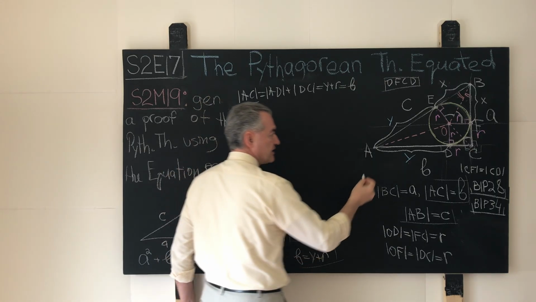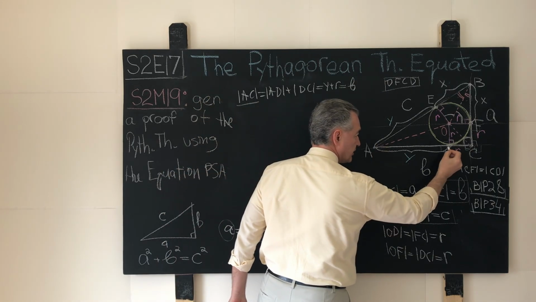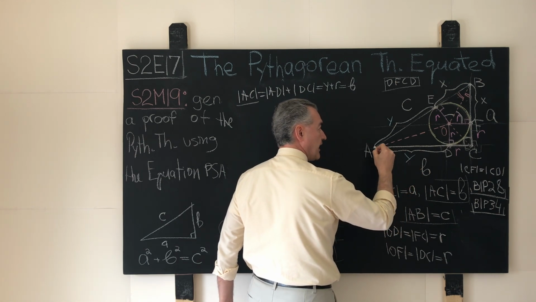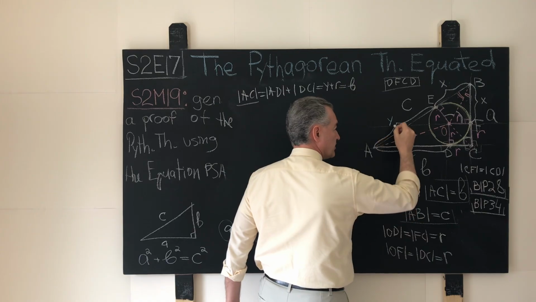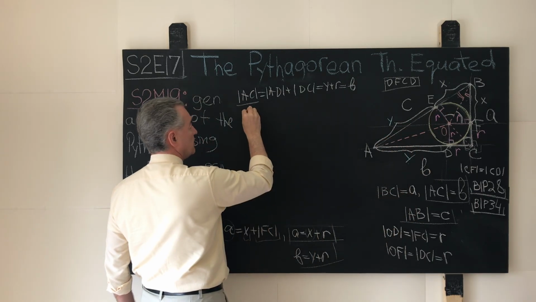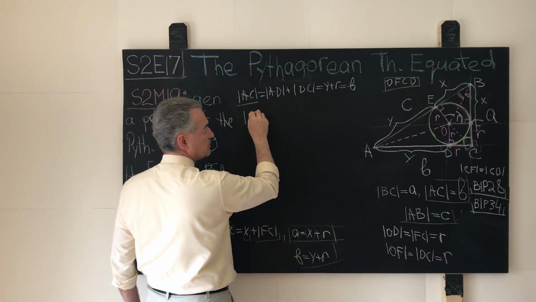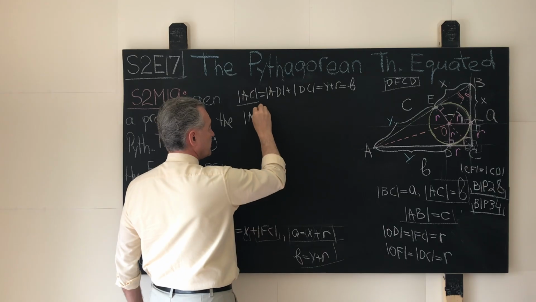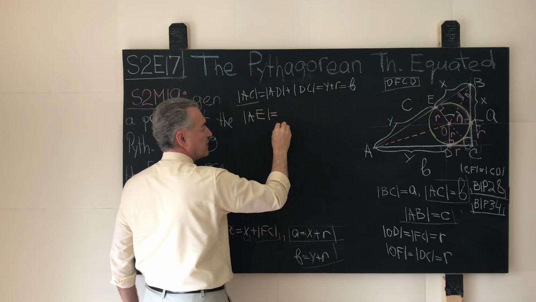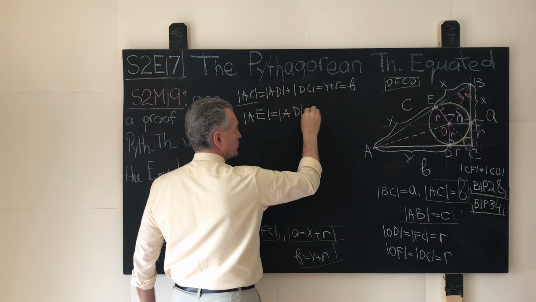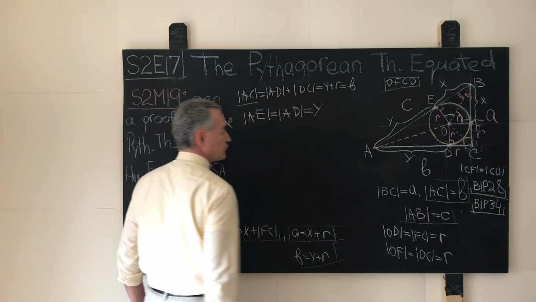In other words, the distance from the point A to the point D, which we designate as Y, is the same as the distance from the point A to the point E, and we refer to these distances as Y.